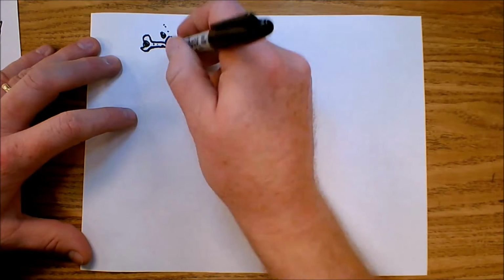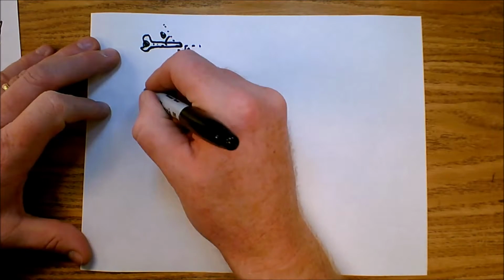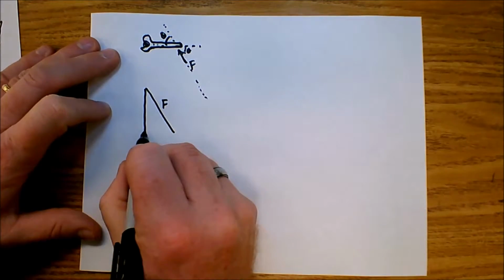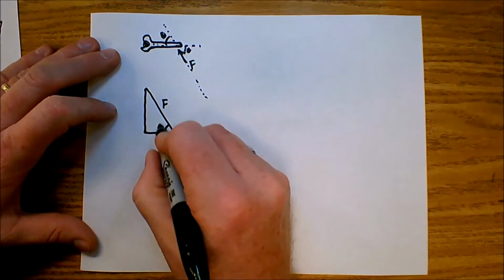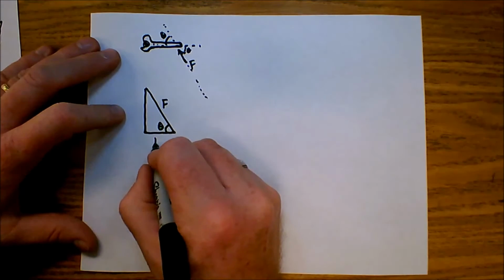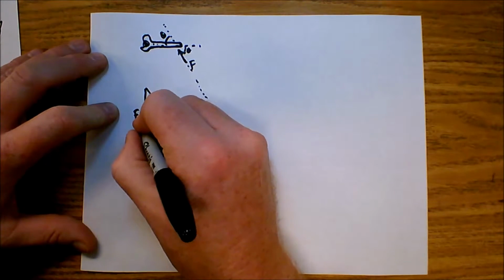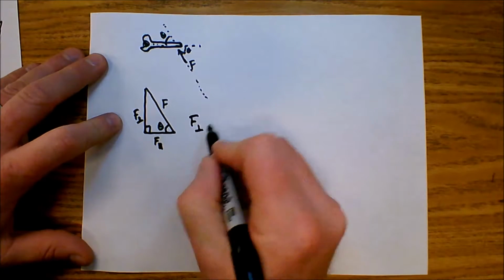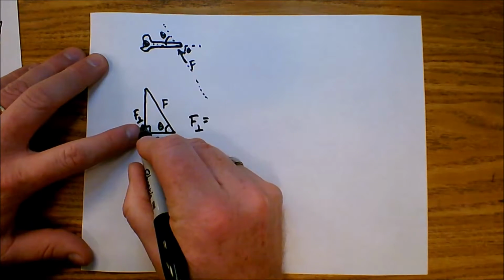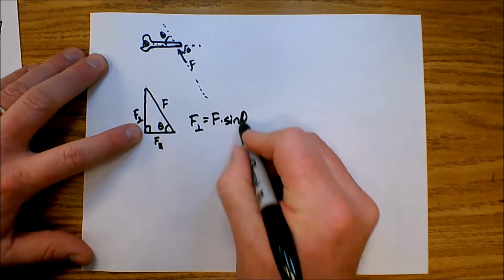If I draw a little triangle, this is the parallel component of the force, and this is the perpendicular component of the force. The perpendicular component is the opposite side of this right triangle, equal to the hypotenuse times the sine of theta.